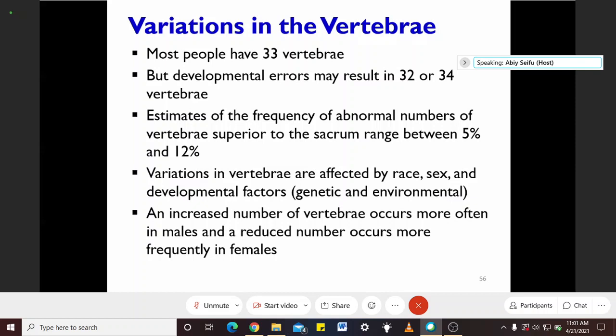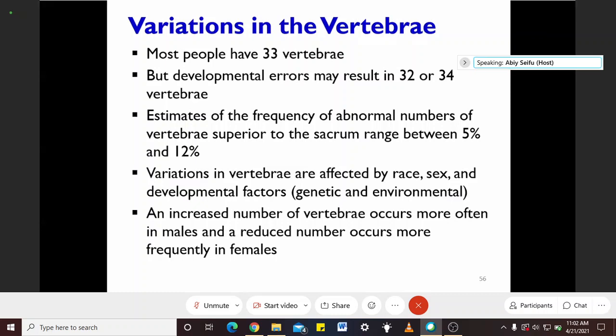Those variations most of the time are found in the lumbar region and the sacral ones. The degree of variation varies with sex and race, and there is also a developmental factor.